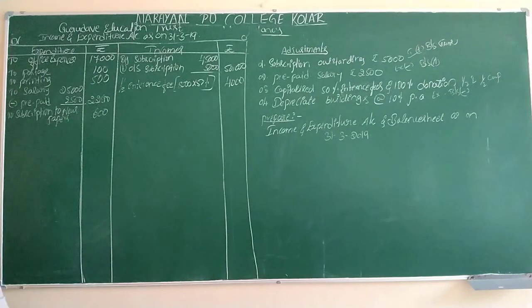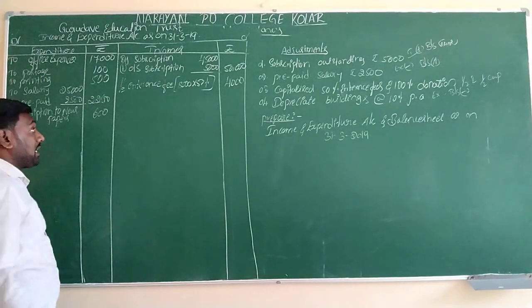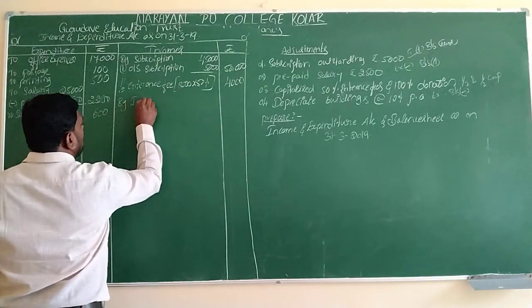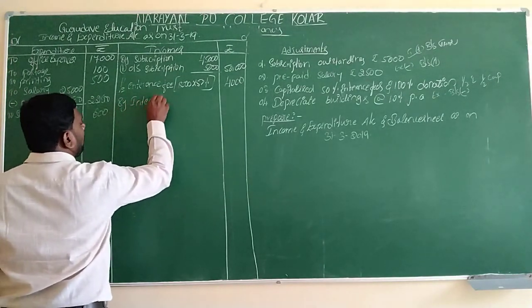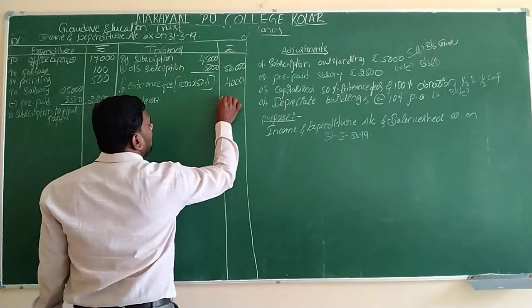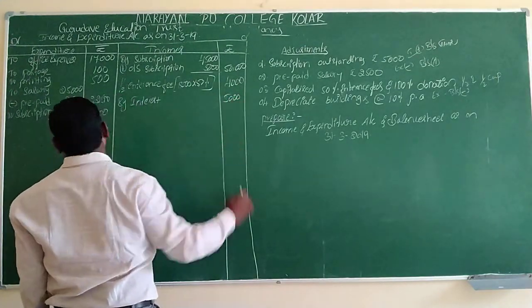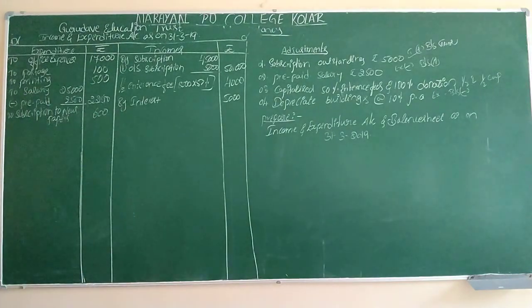And also interest, we will write by interest. The value of interest is 5,000.